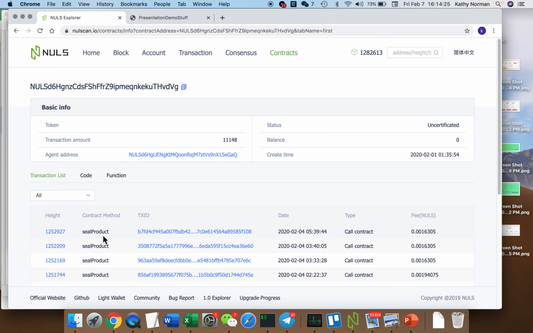This contract has several methods in it, but the one method that actually interacts with the blockchain is called seal product, and you can, of course, look at the transaction for that. And every single time seal product is invoked, there is a payment of NULS, not very much, but a payment of NULS to the owner of this contract. And you can trace all that information back to take a look at it.